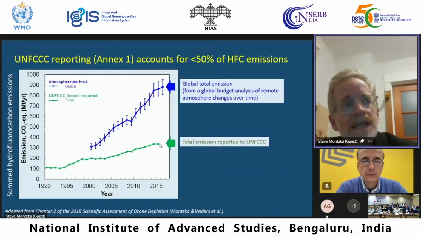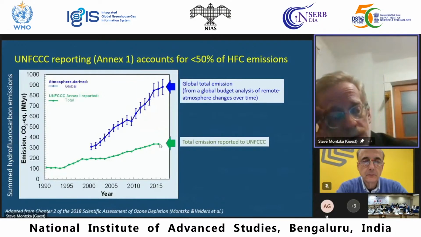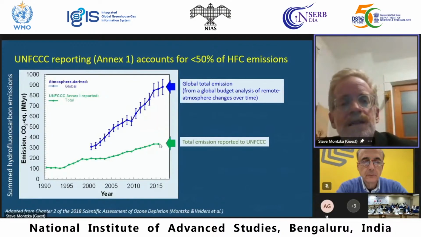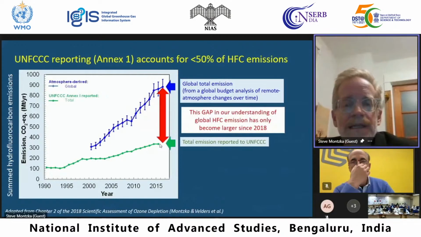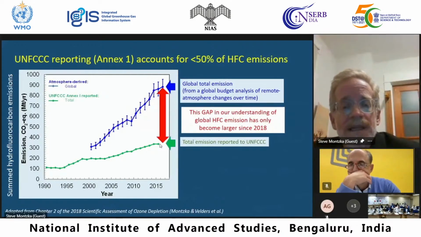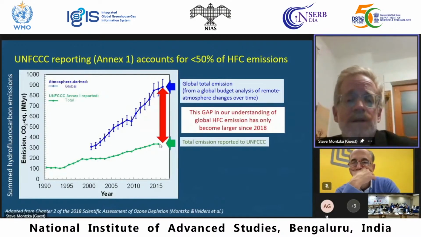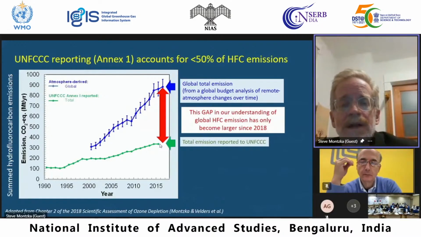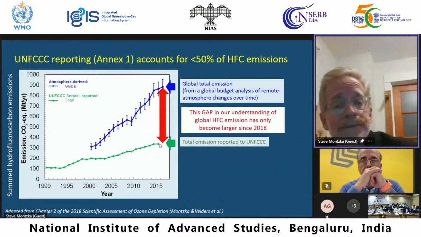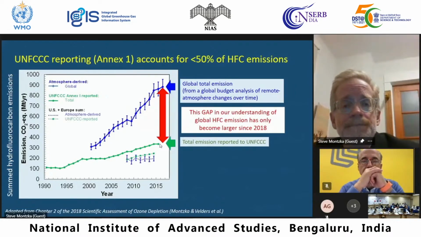So if things were to change in an unexpected way, you wouldn't necessarily know where those changes were coming from. This gap in our understanding of global HFC emissions is indicated for a few years ago, around 2016, and an updated analysis that I don't have right here at hand has indicated this gap has only gotten larger since that time.